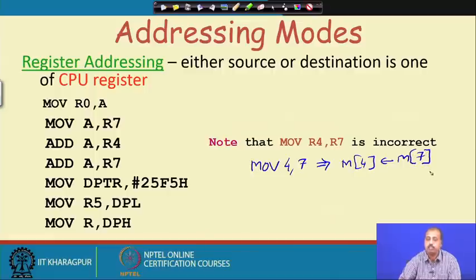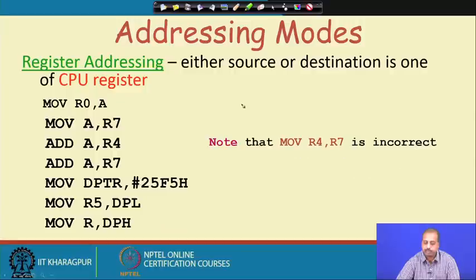Assuming the current register bank is bank 0, this will transfer the content of register 7 to register 4. If you are using some other bank, we have to calculate these two memory location addresses appropriately and put those values. This way we can use register addressing for transferring values between the registers.